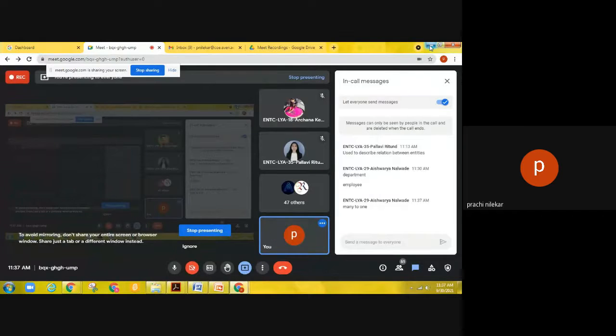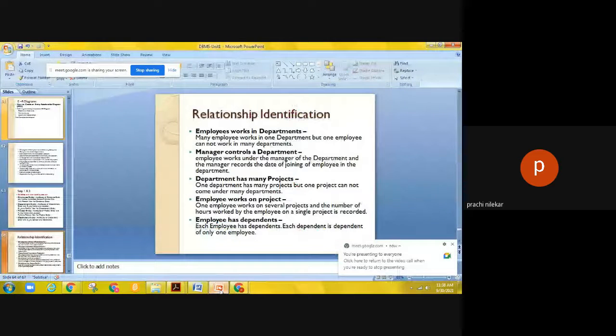Many to one. Is it correct? One to many. Yes, it's one to many. Many employees work in one department means one employee is related with one department. Okay, but a department has many employees.